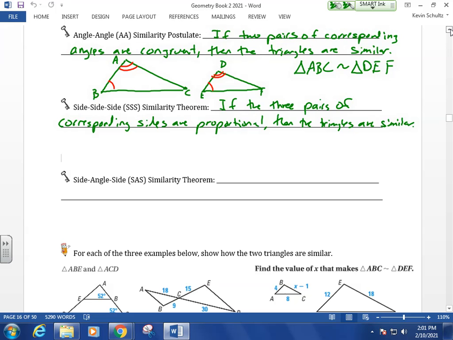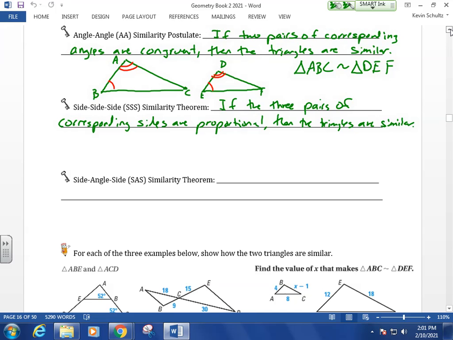If the three pairs of corresponding sides are proportional, then the triangles are similar. The side-side-side congruency theorem would say that the three sides are congruent, right? But here we're talking about similarity and proportionality.